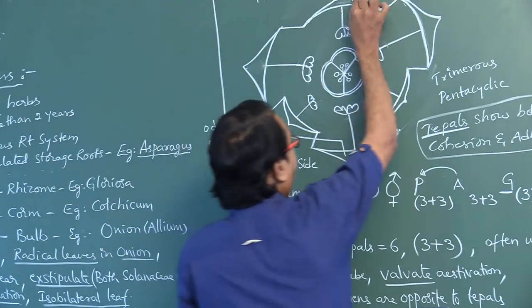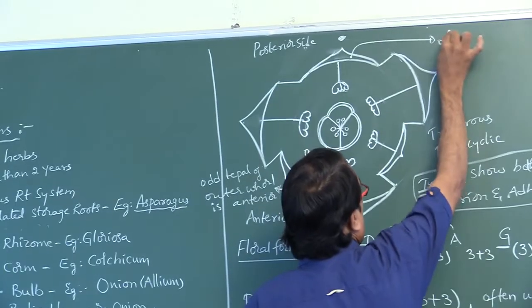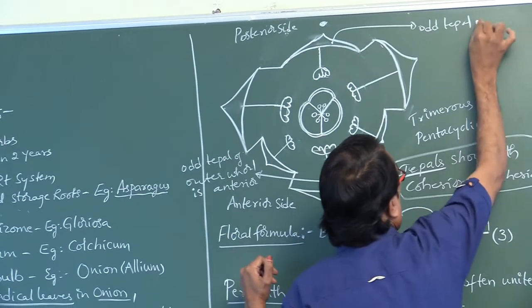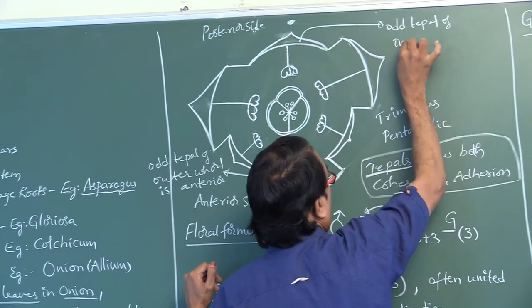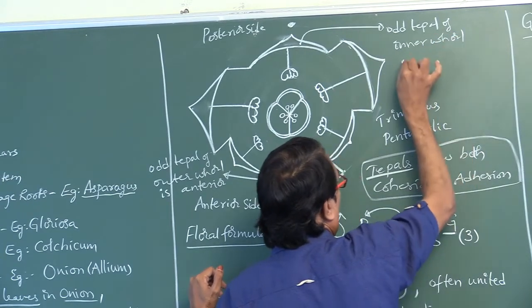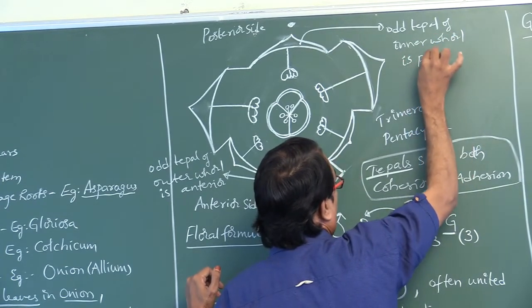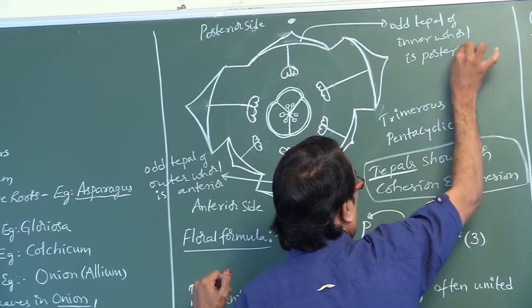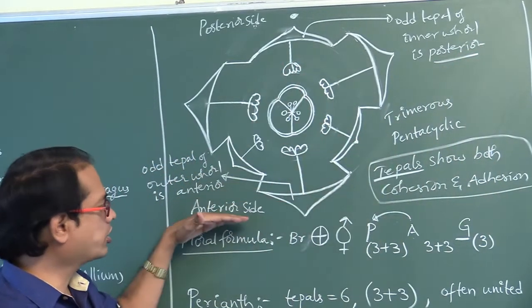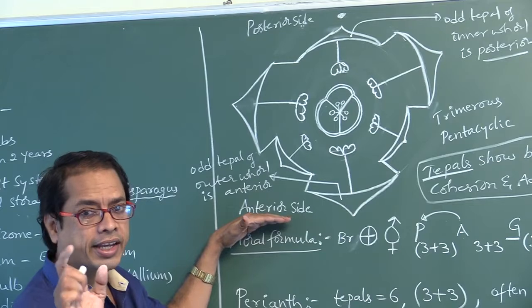Whereas here, see, this is the odd tepal of inner whorl. Odd tepal of inner whorl is posterior. So in the floral diagram, this side is the so called anterior side.